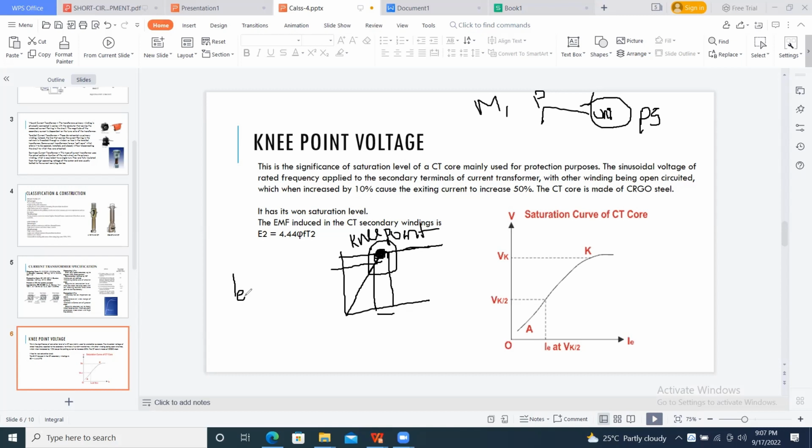So most of the current in the primary is building up the excitation current. This gives rise to the nonlinear relation of the BH curve.